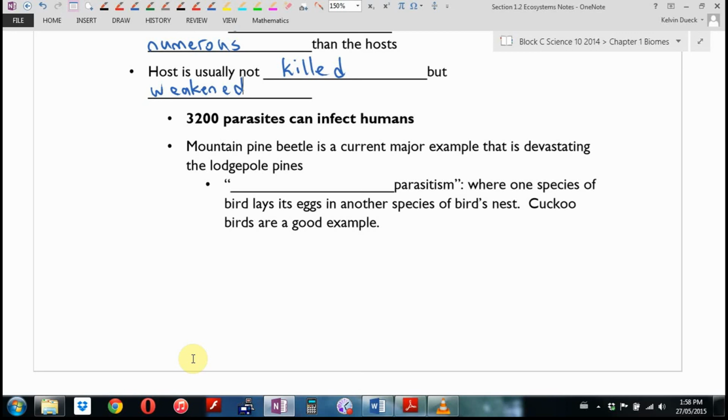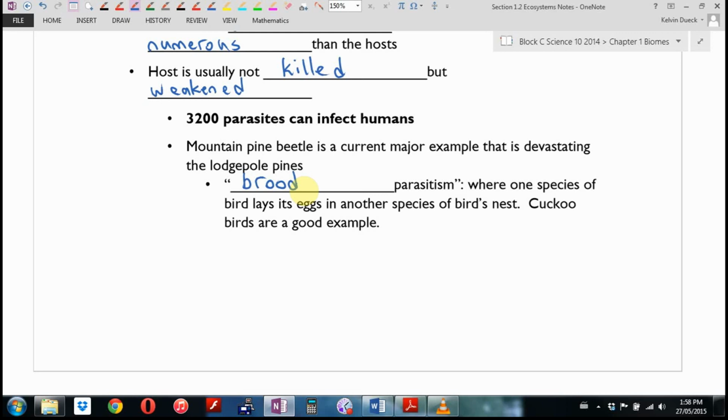There's something called, kind of disgusting, but pretty cool too, brood parasitism. This is where one species of bird lays its eggs in another species of bird's nest. Cuckoo birds are very, very famous for this. Cuckoos will find a nest where the birds have just laid an egg. They'll knock some of the other eggs out.